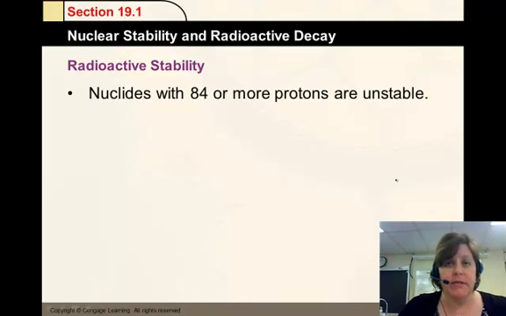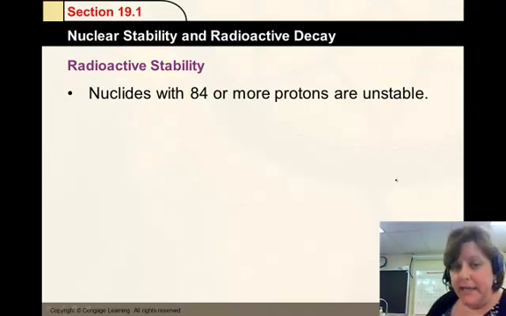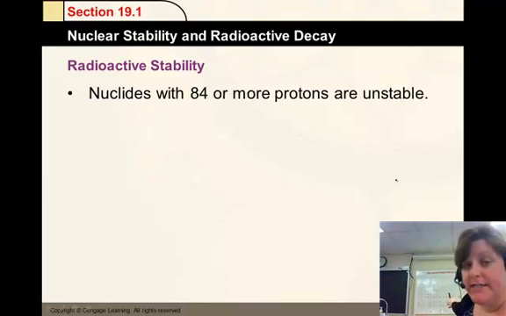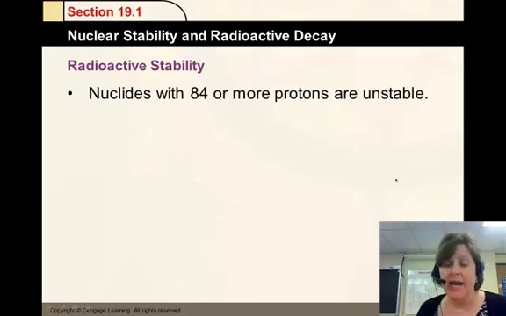Nuclides, that means those things in the middle, the nucleus, with 84 or more protons are unstable. So if we look back here at the periodic table, and we see the heavier atoms, these are the ones that tend to be unstable. You will see later it has to do with the ratio between protons and neutrons in the nucleus.